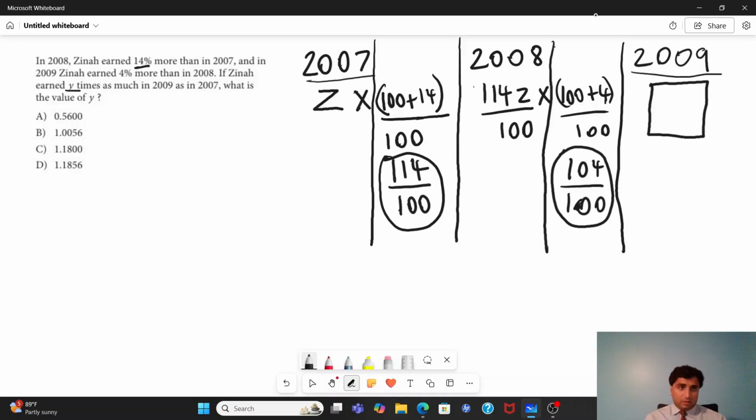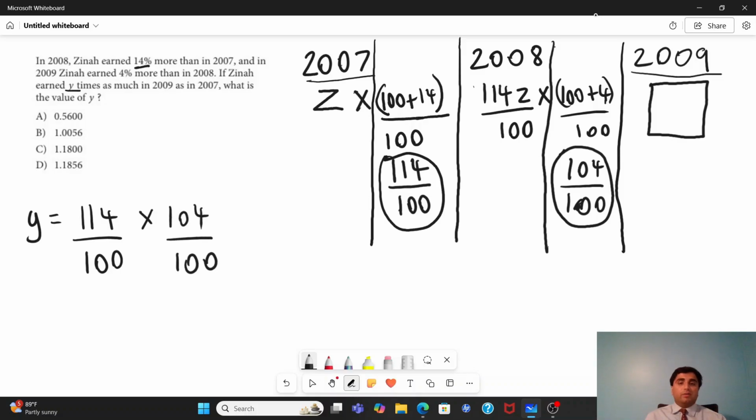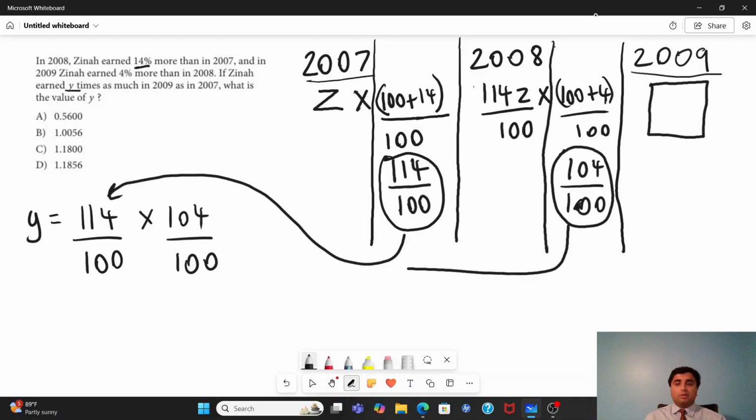Because of that, variable Y is going to be equal to 114 over 100 multiplied by 104 over 100. We got these two fractions from these values over here.